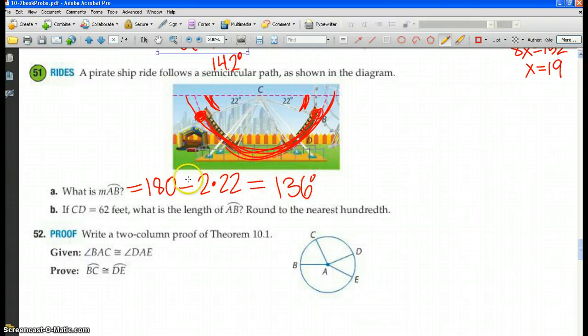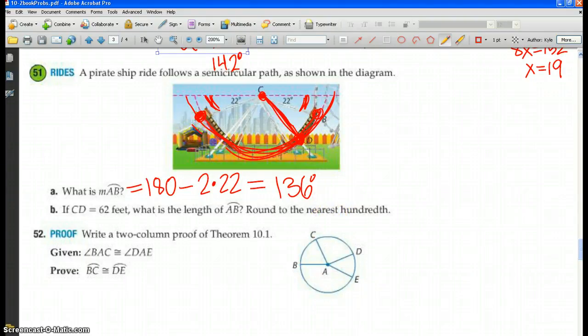Part B, if CD is equal to 62 feet, what is CD in our diagram? CD is from the center to the edge. So that is the radius of the circle. If the radius is 62 feet, what is the length of AB?